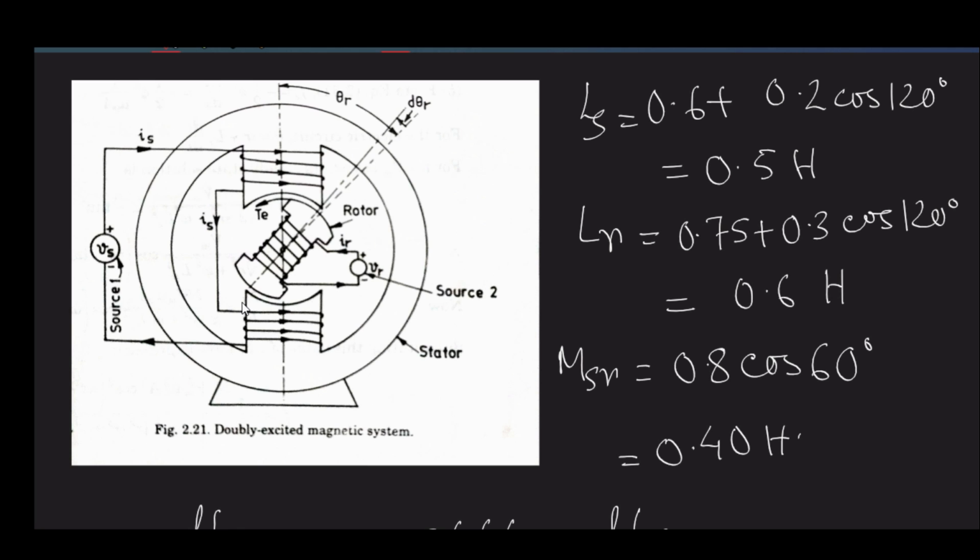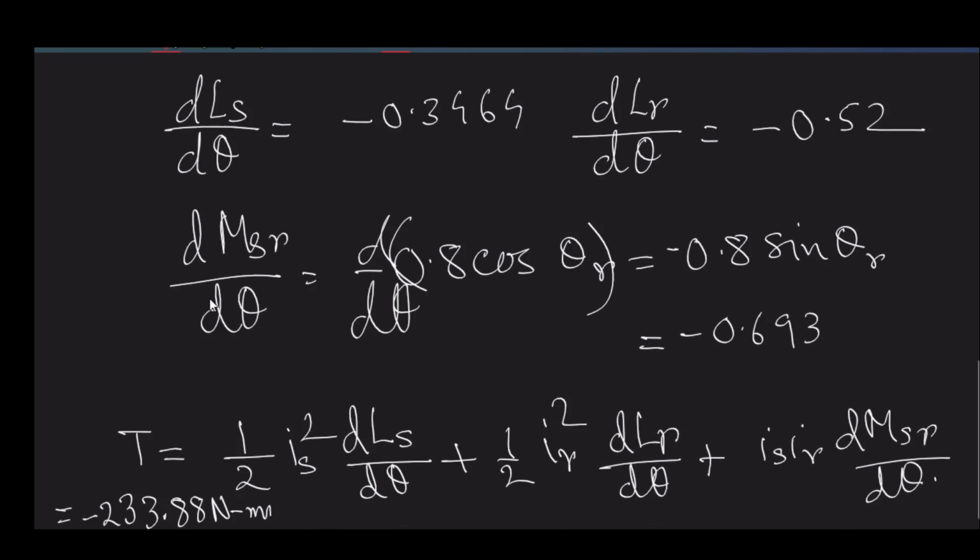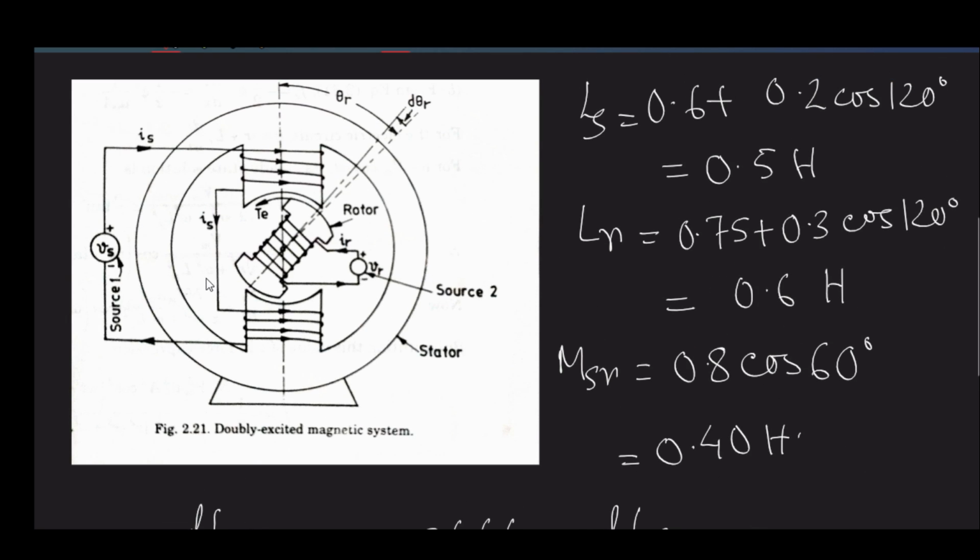Theta means the torque is negative, means what? The torque tries to minimize this theta angle, so it can align these two, right? See here, the way they are producing this field, it will basically try to orient them.